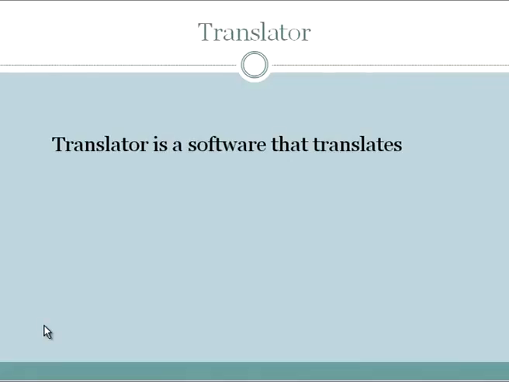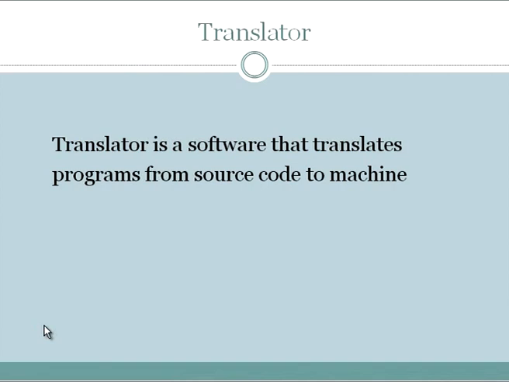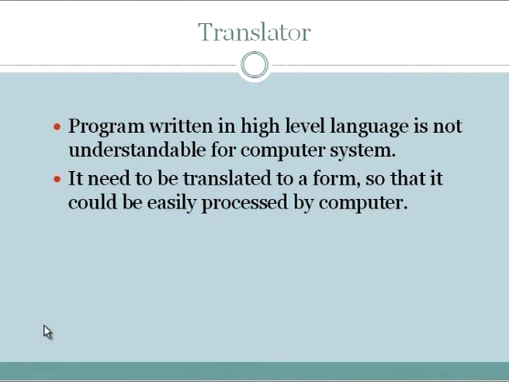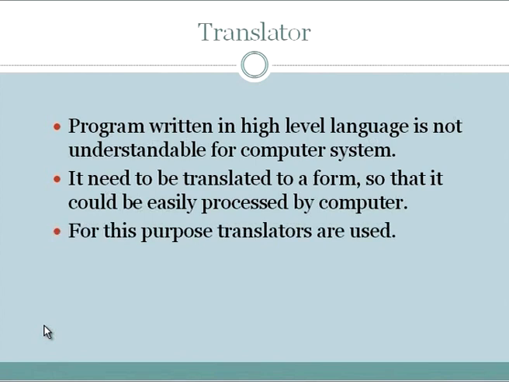So, what is a translator? A translator is software that translates programs from source code to a machine understandable format. A program written in a high level language is not understandable for the computer system. It needs to be translated to a form so that it could be easily processed by the computer. For this purpose, translators are used.